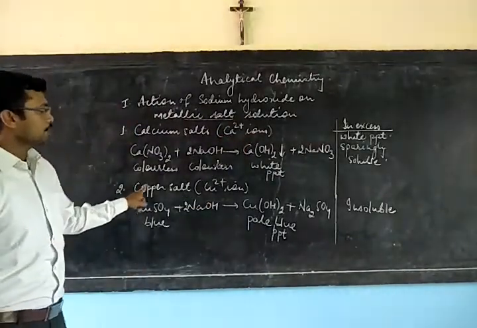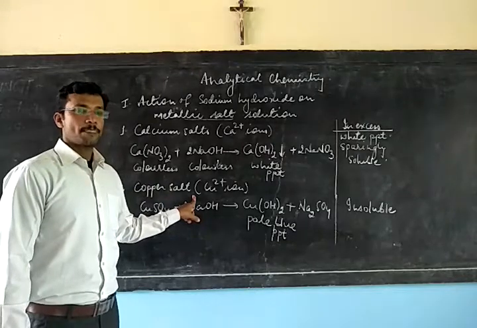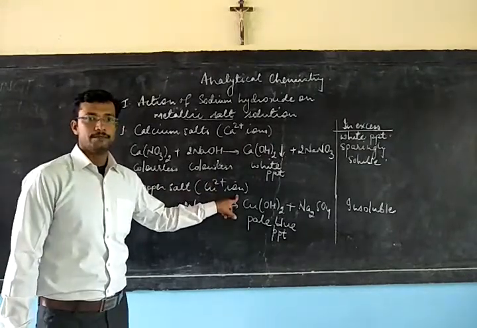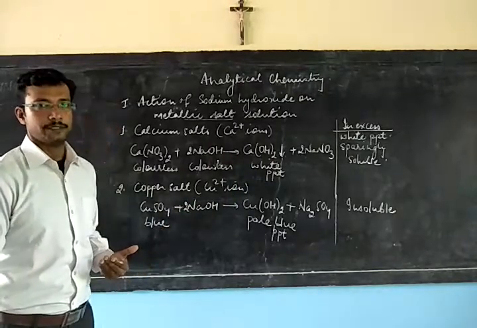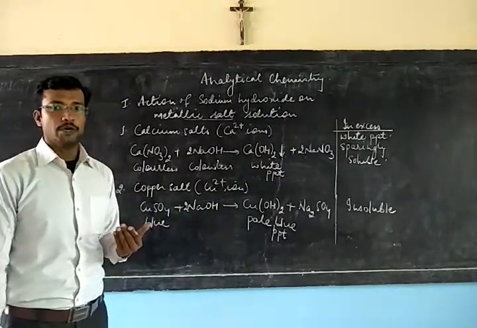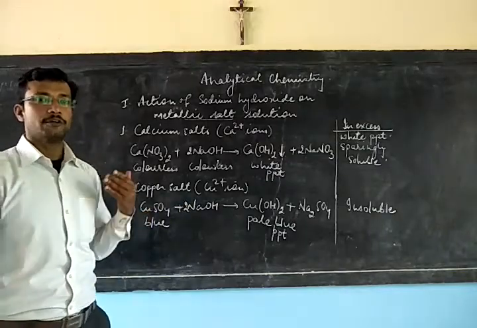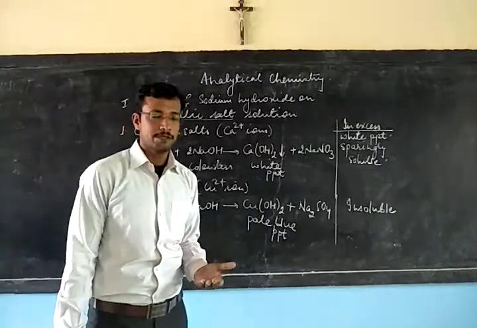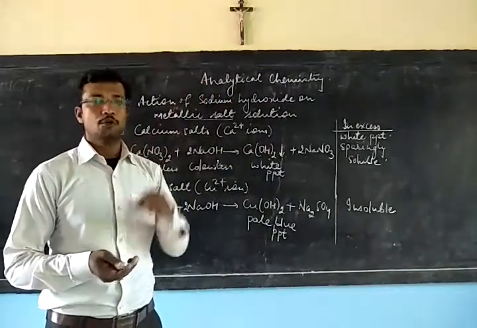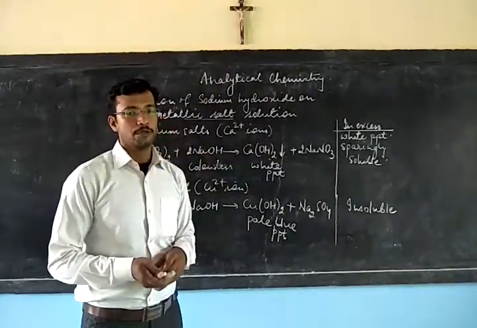We can now come to the copper salt, which contains the Cu2+ ion. Again, how are you going to come to know? As I said, you have to carry out the same test. First add a few drops of sodium hydroxide to a solution of copper salt.